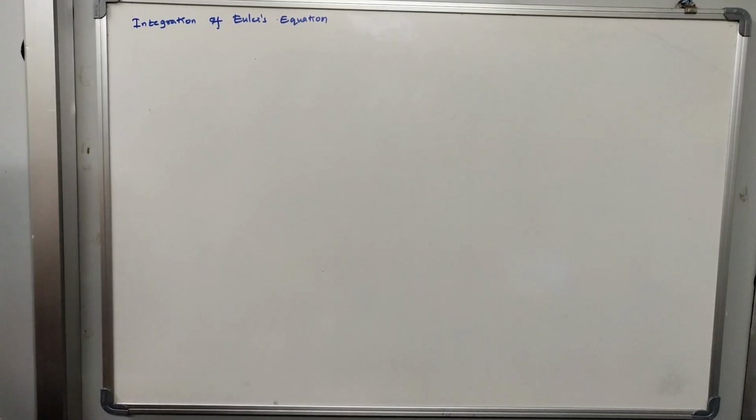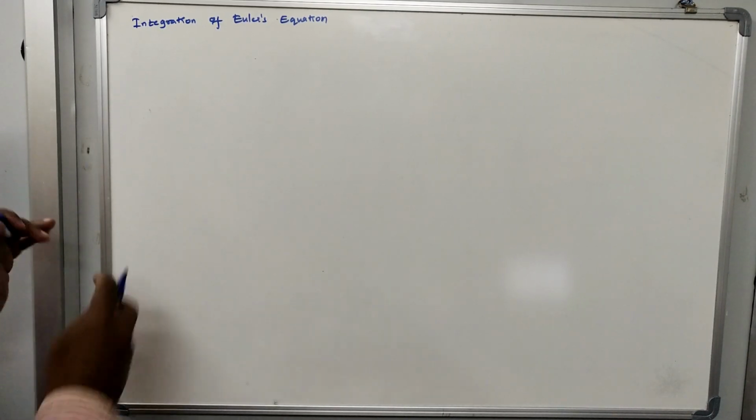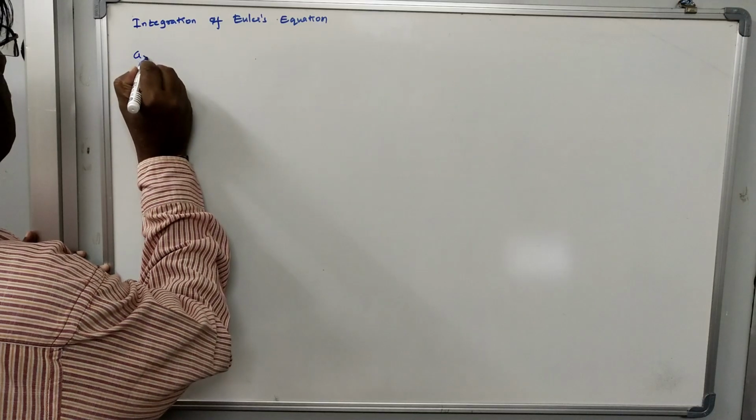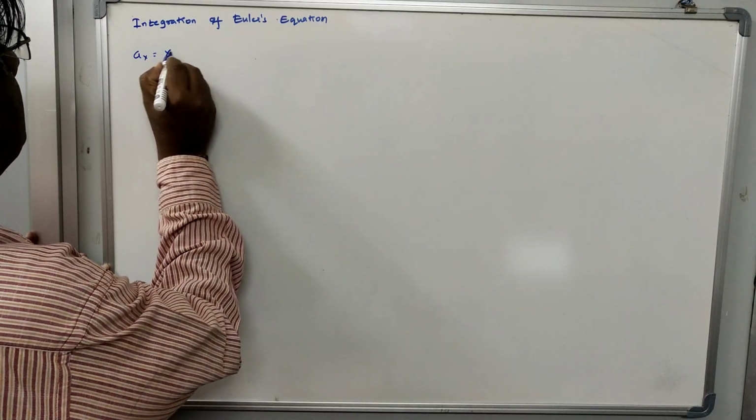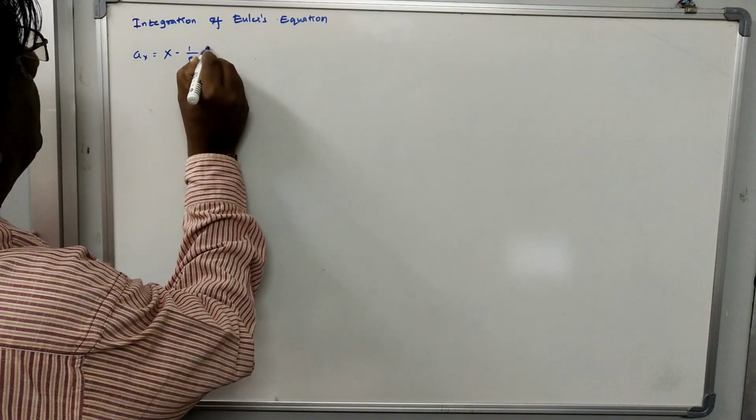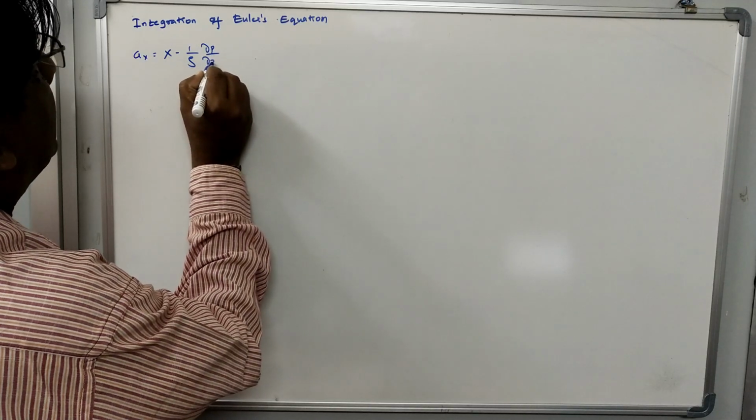Okay, good morning, students. In the previous class, we derived the Euler's motion equation or momentum equation. In the Euler's equation, we derived that ax is equal to X minus 1 by rho ∂p by ∂x.